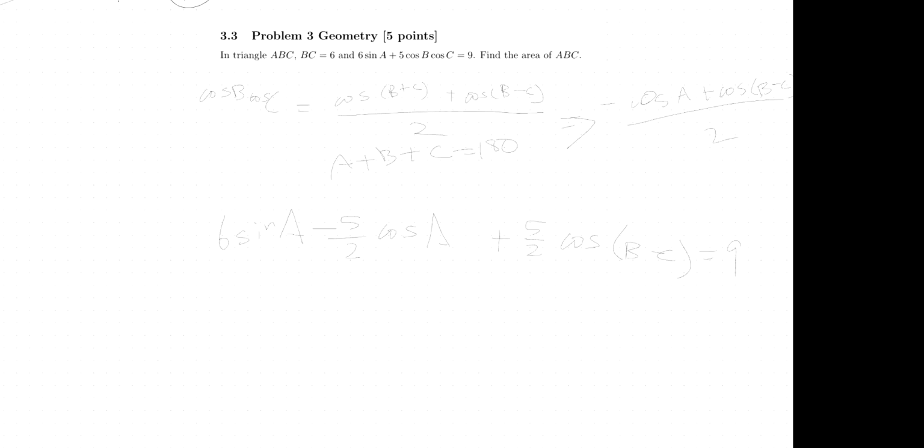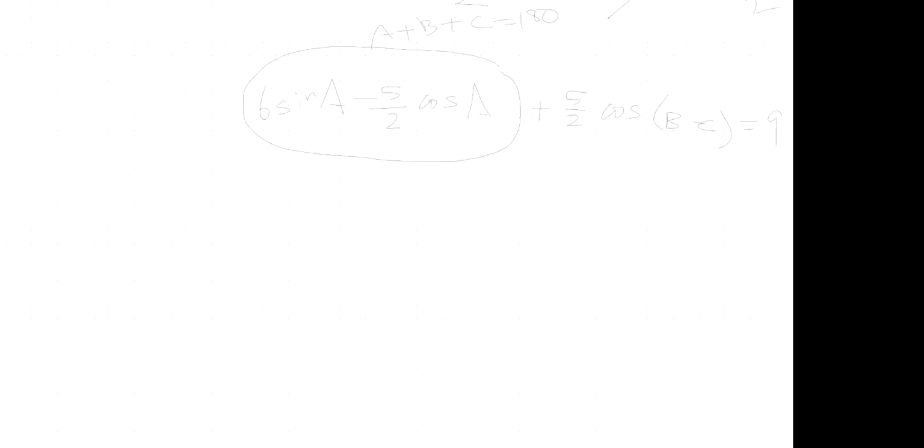And to do this, we can use the auxiliary angle formula. The auxiliary angle formula basically states that if we have a sine x plus b cosine x, we can write this as r cosine alpha sine x plus r sine alpha cosine x.